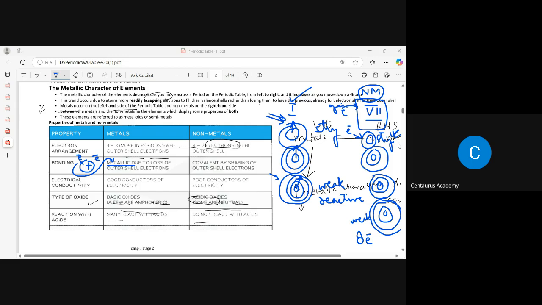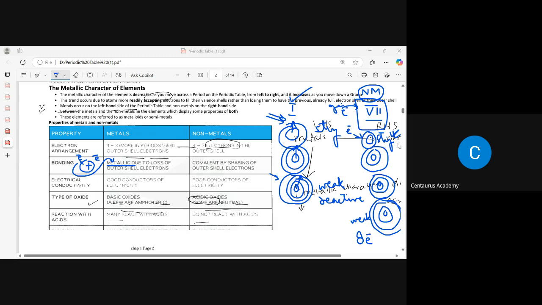So the group 3 metals tend to lose all of their 3 outer shell electrons, which means that they have a greater sea of delocalized electrons as compared to group 1 metals, which are only losing 1 electron. So the greater the sea of delocalized electrons, the greater will be the electrostatic force of attraction between the positively charged cations and the sea of electrons, which is why the metallic bond strength is much greater in group 3 metals as compared to group 1.